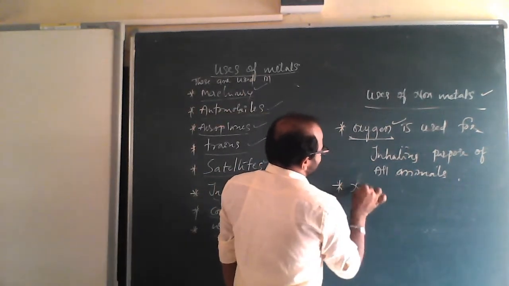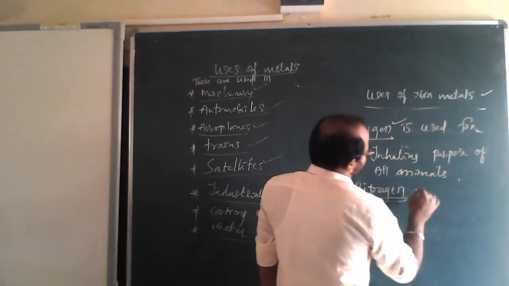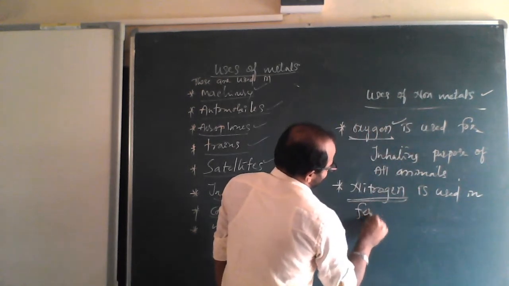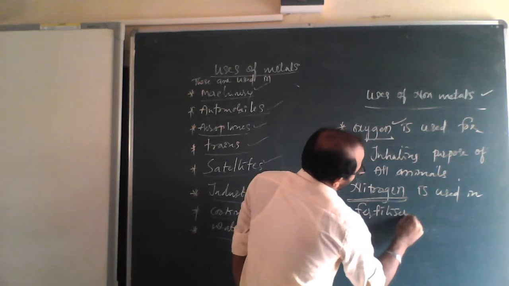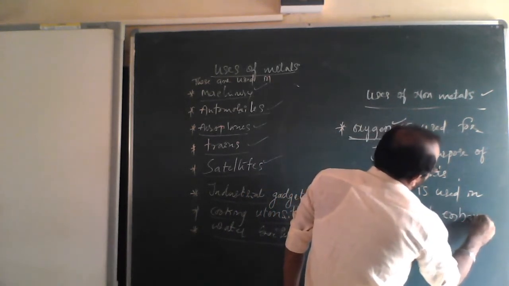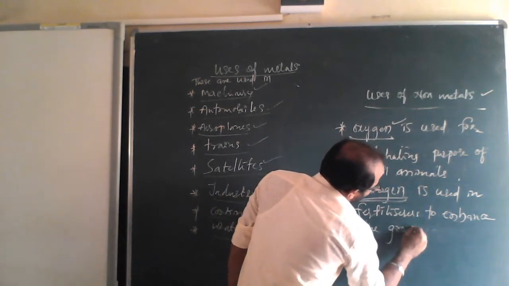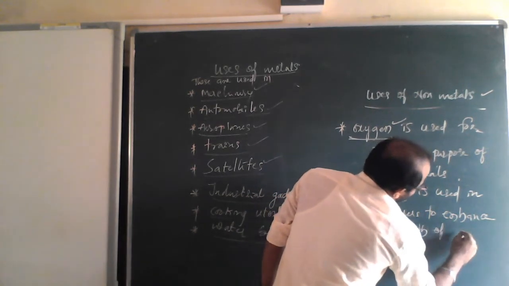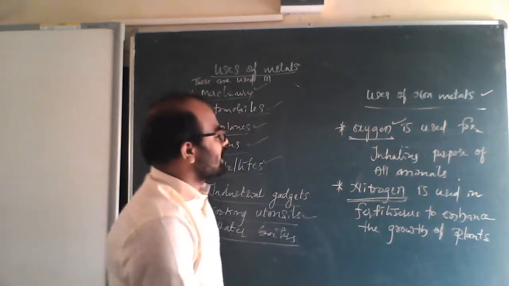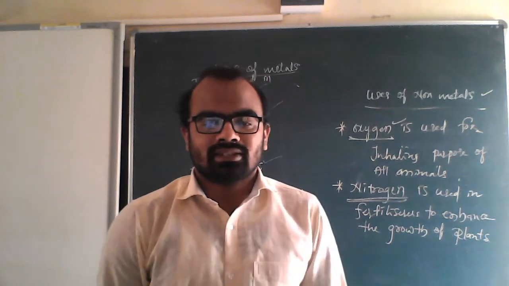So nitrogen is again a non-metal which is used in fertilizers to enhance the growth of plants. So nitrogen is used in fertilizers to enhance the growth of plants.